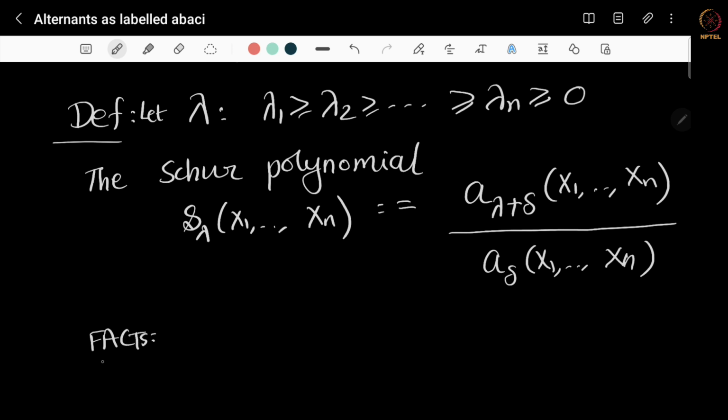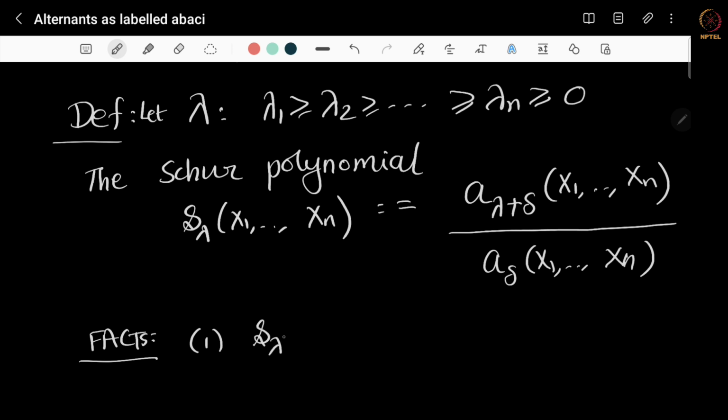Take the alternant A lambda plus delta of x. As we just observed, this alternant is always divisible by the alternant A delta, the Vandermonde determinant. So you divide that alternant by the Vandermonde determinant.